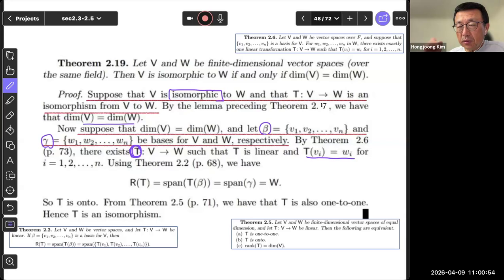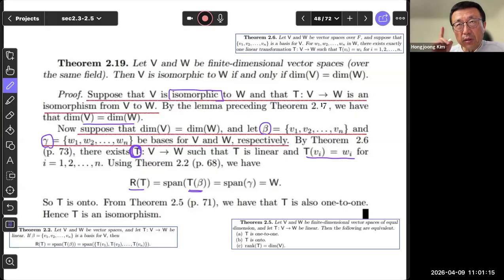And since the Vi's are the basis, the range is spanned by the images of these Vi's. So the range is generated by the images of the vectors in beta.